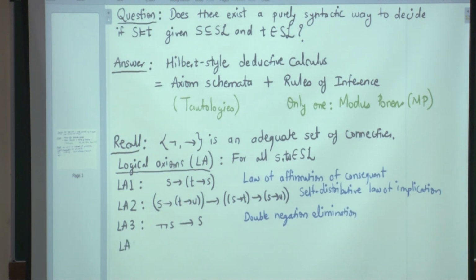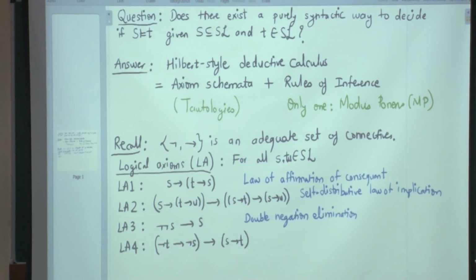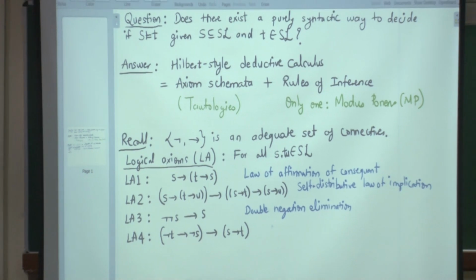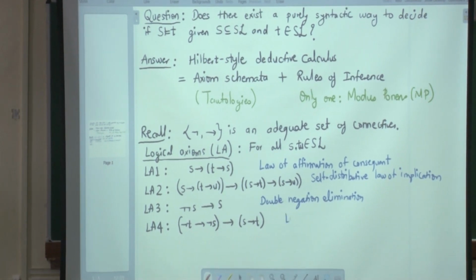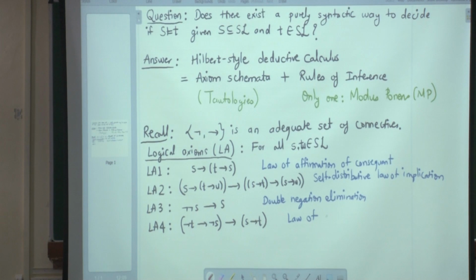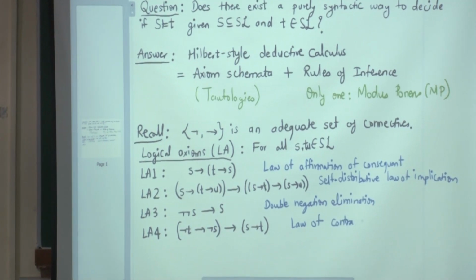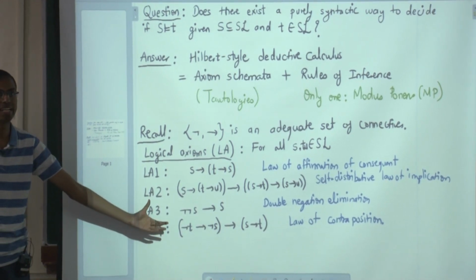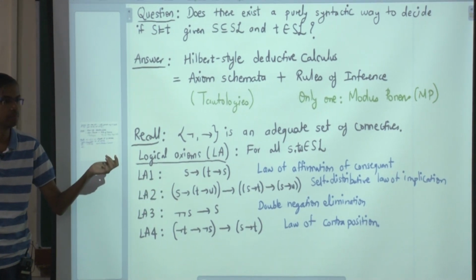And finally we have LA4, that is, now you tell me what it looks like. Contrapositive, yes, law of contraposition. Okay, so if you know the contrapositive of a statement, then you know the statement.